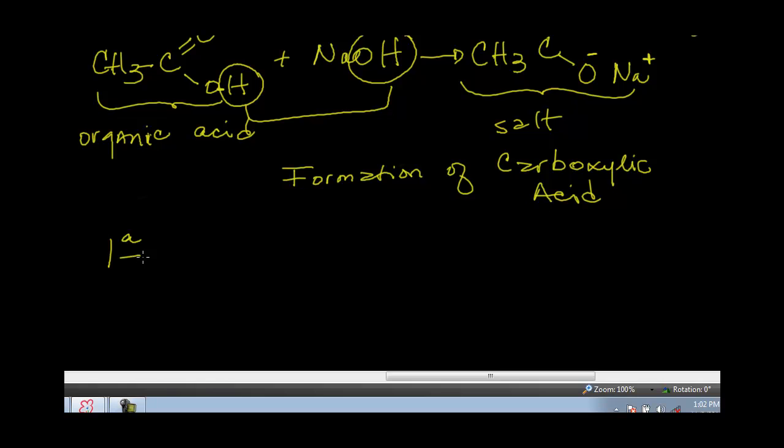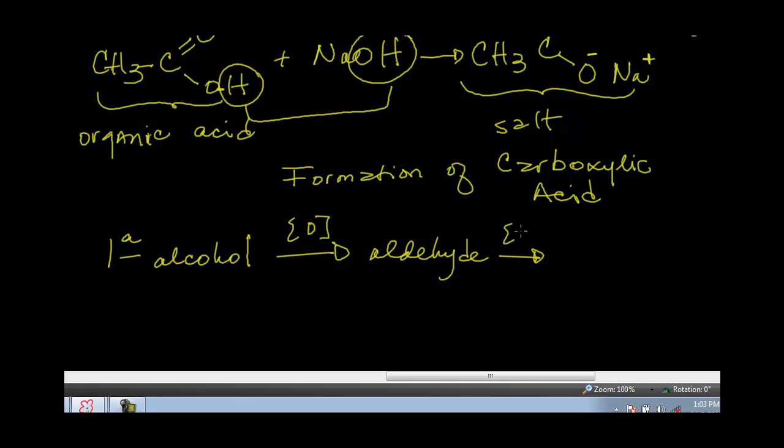So we started really with a primary alcohol. This is how we approached that oxidation reaction of alcohols. We put brackets O in the arrow, meaning we have potassium permanganate, potassium dichromate. We have some kind of oxidizing agent, and the primary alcohol produced an aldehyde, and the aldehyde continued to oxidize and gave us a carboxylic acid.